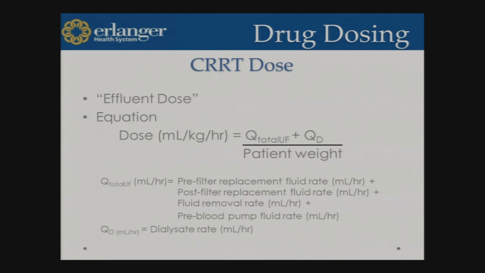If you take your pre-filter replacement solutions, post-filter replacement solutions, your fluid removal rate, and any pre-blood pump fluids, pretty much all the fluids that the patient is getting through the dialysis circuit, and divide that by the patient's weight, that will give you your effluent dose.